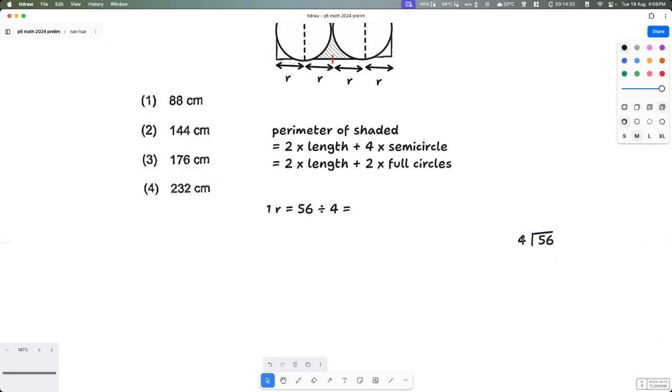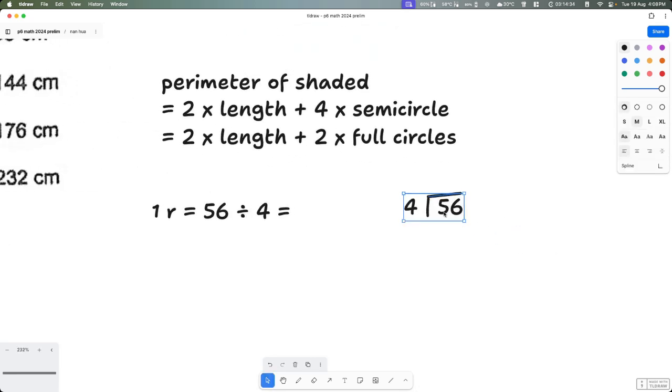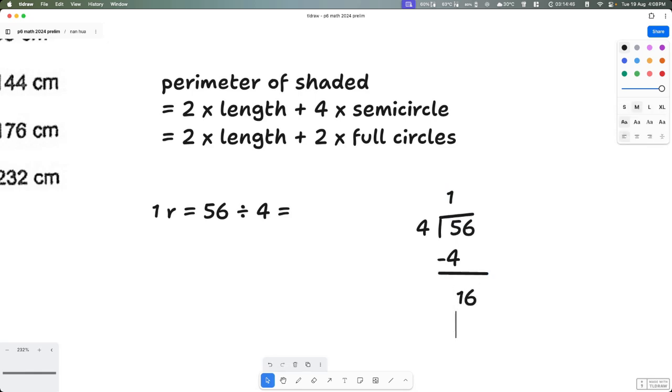Let me zoom in also. So 5 minus 4 gives us 1, and then 16 minus 16 gives us 0, so this is 14. There you go, 14.